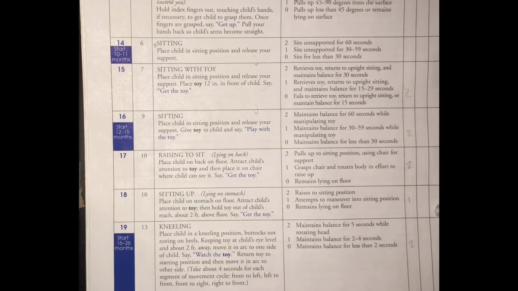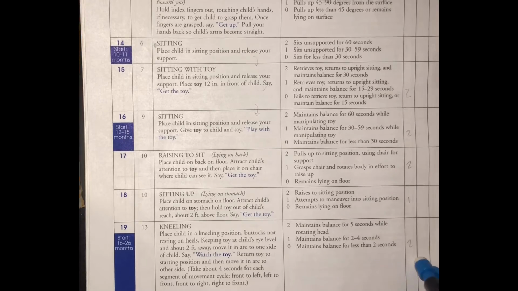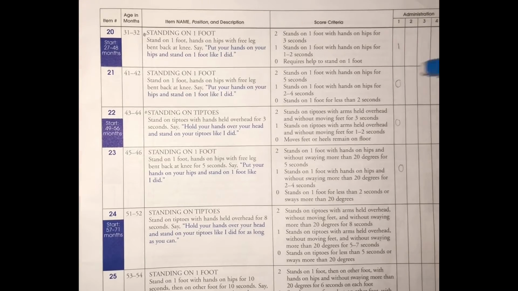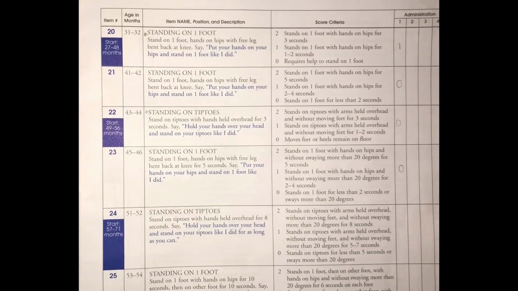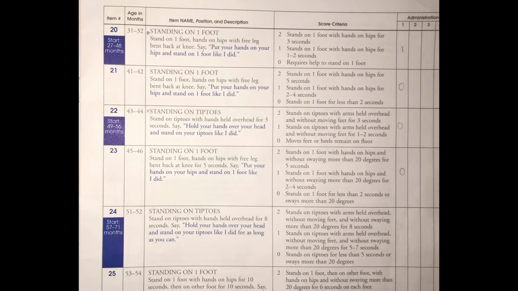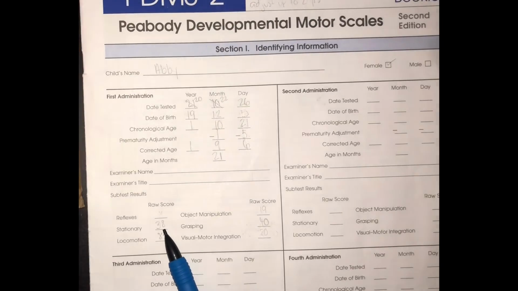And then you're going to add each score they receive thereafter. So you have 34 plus 1, so that's 35, plus 2, which is 37. You have plus another one, so that's 38, and then they got 3 zeros thereafter, and then you stop. So the total score for this subtest section under stationary is going to be 38.